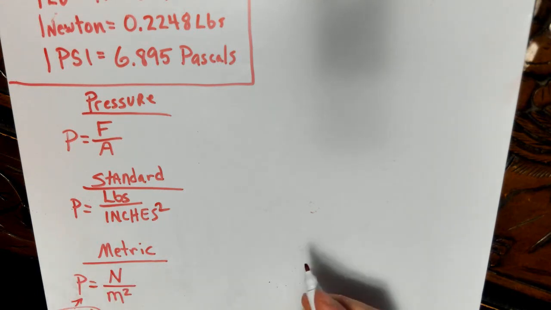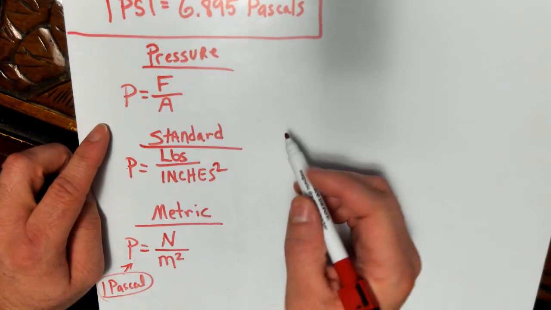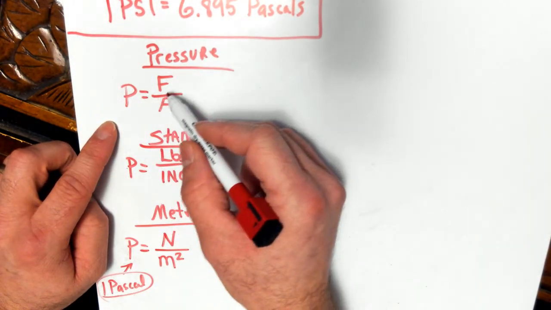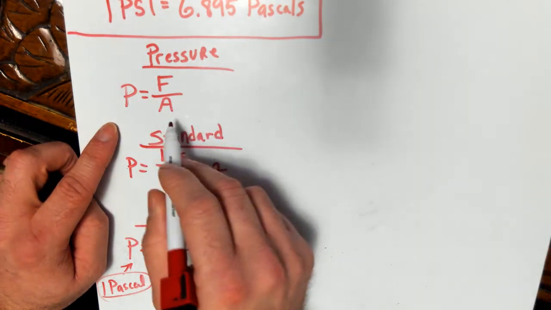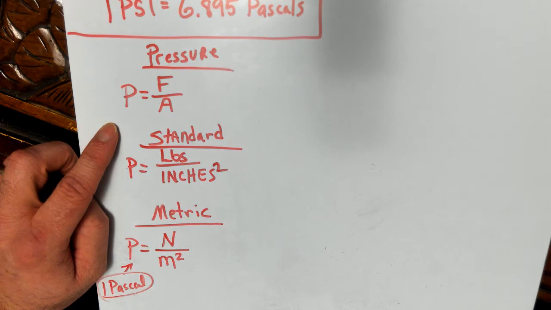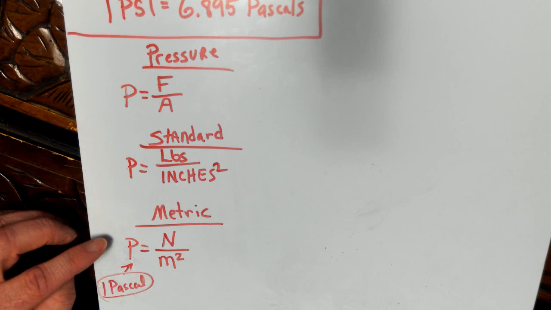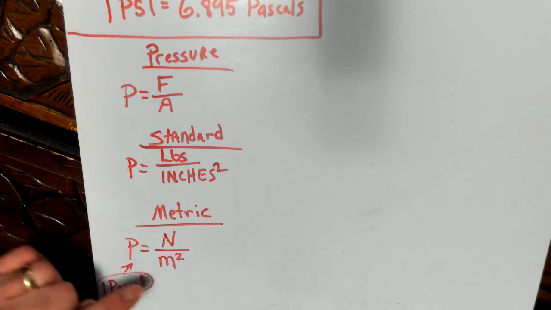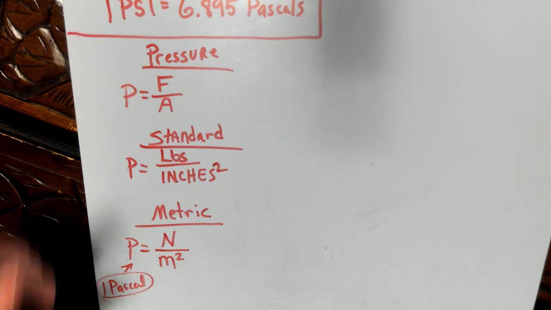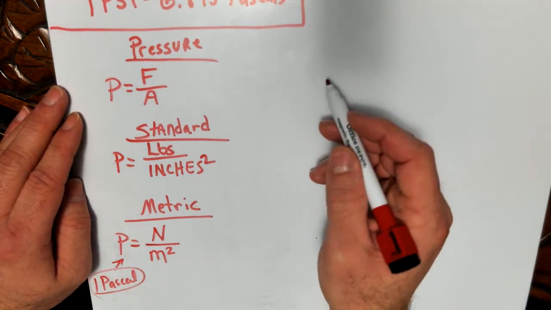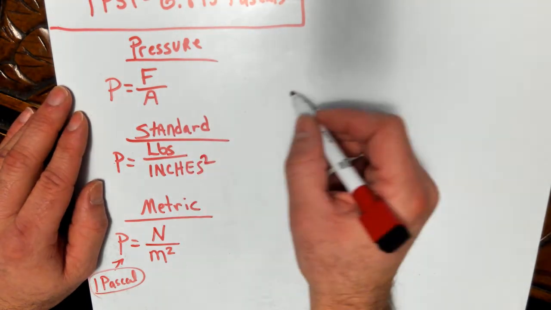Okay? So the first thing that I want to do is, again, I want you all to make sure that you understand. Pressure equals force, which is either a pound or a newton, over an area, okay? And in standard, it's inches squared, be length times width. Metric, it's meter squared. And the reason you were using meter squared is because that is what we consider 1 Pascal, okay? So when we're doing this, let's do the standard first.